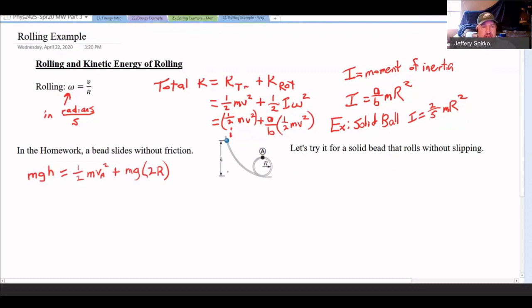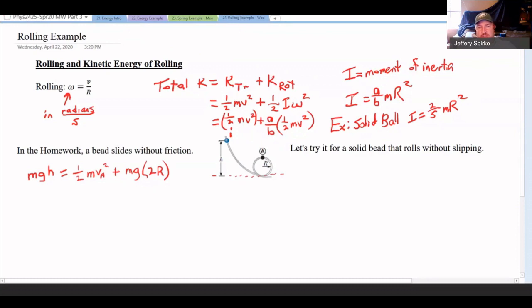First, let's look at the original case, the one that's actually in the homework. We start out with some energy mgh up here. And when we fall down to here and then come up to the top at point A, then we're going to go from a height of h to a height of 2r, because the bottom, the y equals 0 point, is implied to be the bottom when I call this initial height y equals h.